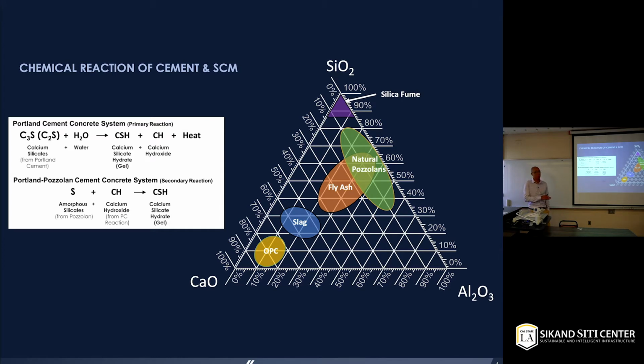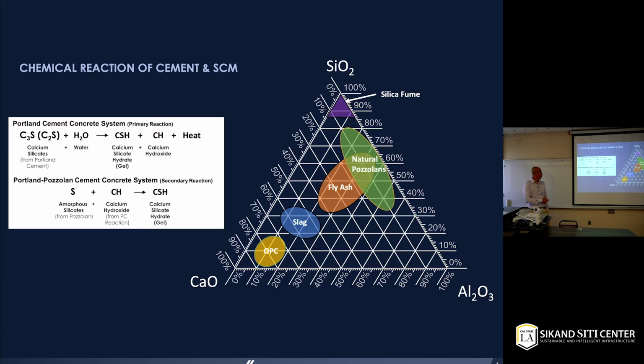All those materials are made up of those three components. It's just a different combination of them. As you can see, Portland cement is right here. It has more calcium in it, and fly ash, natural pozzolans, and silica fume have more silicate in their compound.